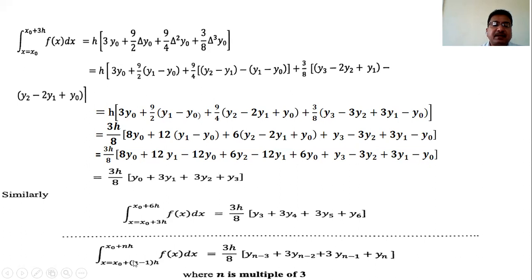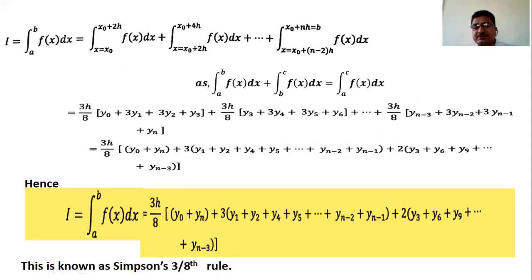Then the integration over the last 3 sub intervals, x0 plus n minus 3h to x0 plus nh fx dx, is 3h by 8, y n minus 3 plus 3 times y n minus 2 plus 3 times y n minus 1 plus yn. So adding all these respective sides of the above equations, apply this rule: integration a to b plus b to c is a to c fx dx.